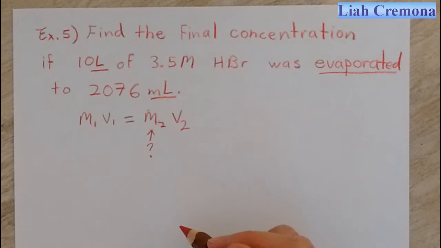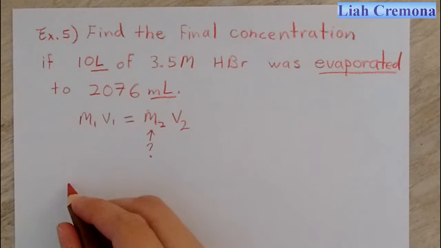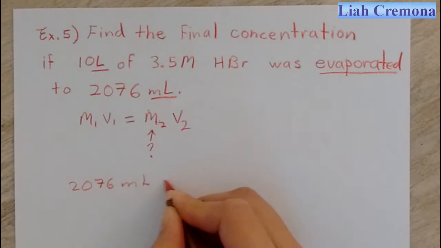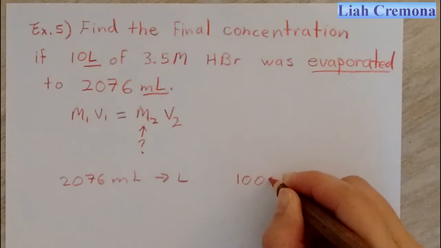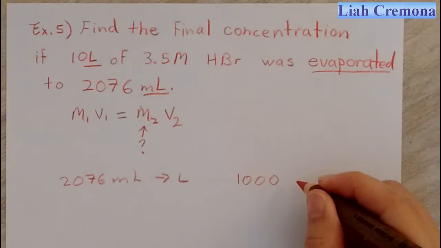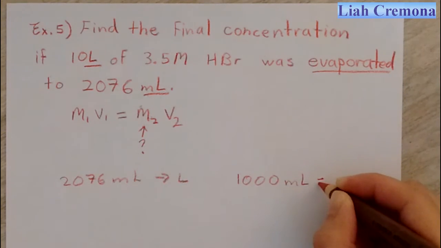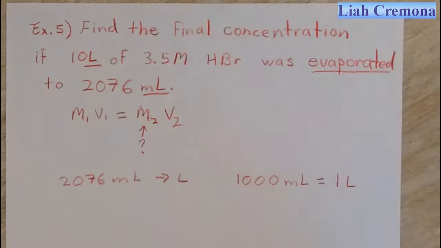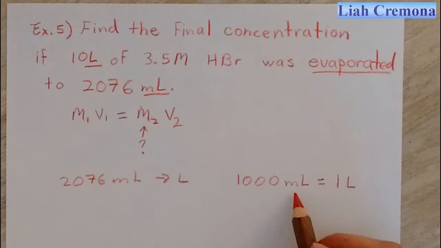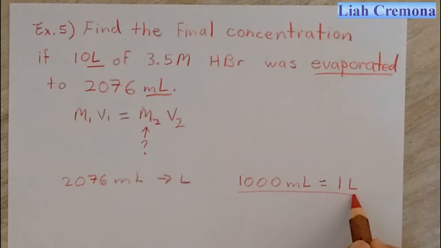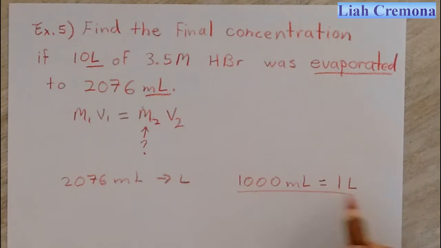In this case, I'm going to convert 2076 milliliters to liters. 1000 milliliters is 1 liter. Or you can say that 1000 milliliters are in 1 liter.